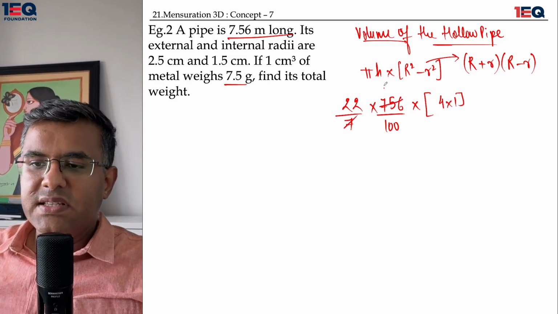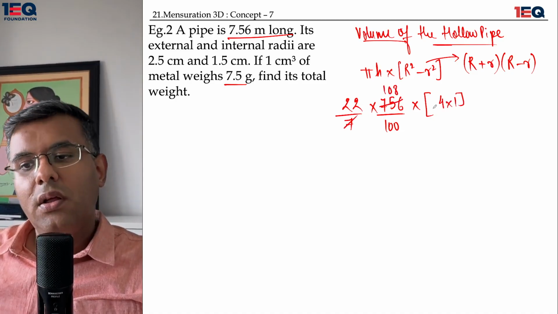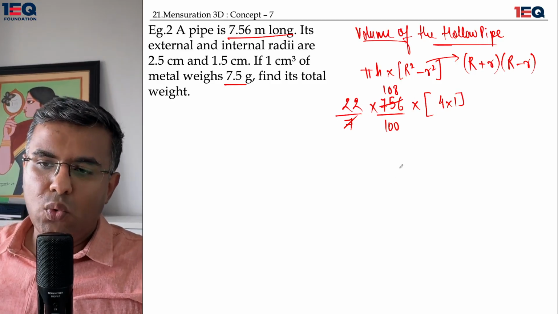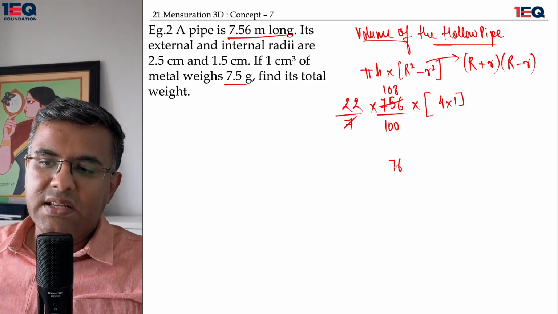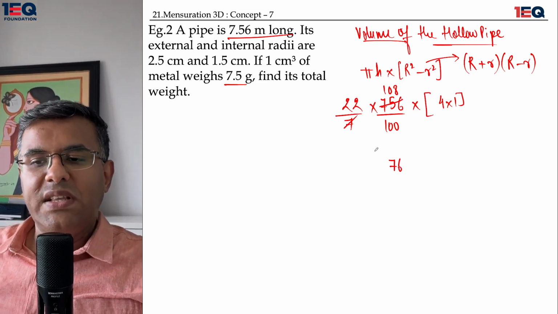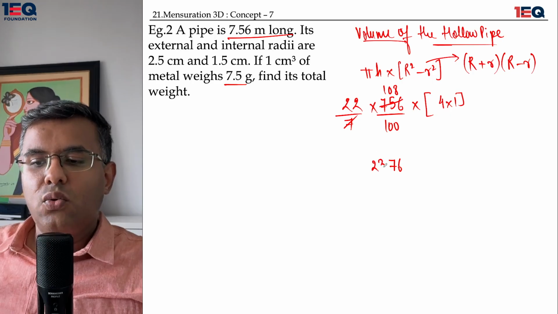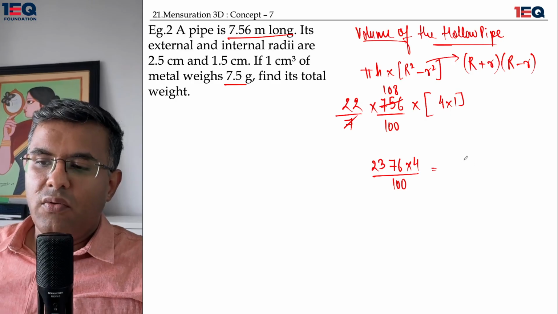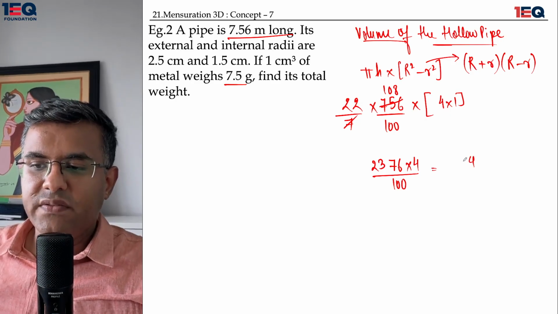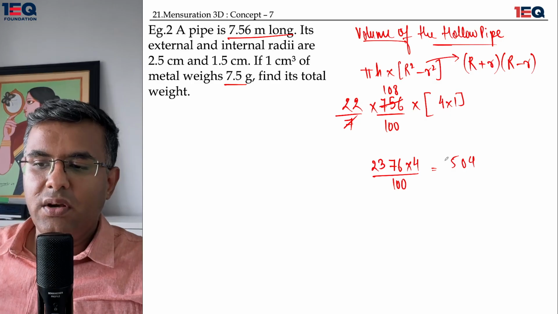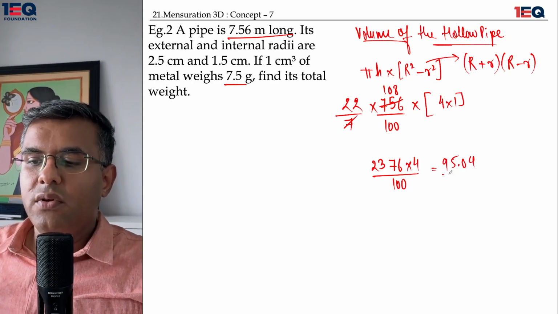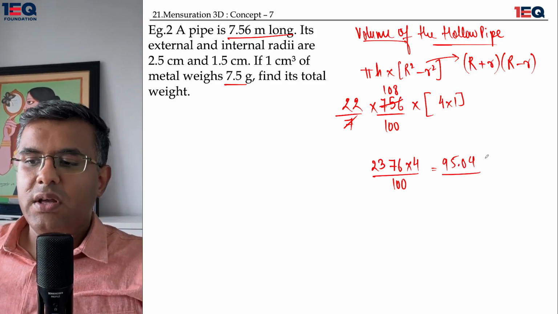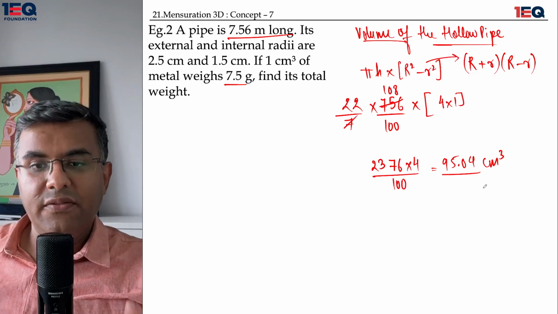So here 7 ones are 7, 108. 108 multiplied by 22, it is 2376. This is 2376 multiplied by 4 and divided by 100. 4 6s are 24, 4 7s are 28, 4 3s are 12, 4 2s are 8, and 9. 9504 or 95.04 is the volume at first.